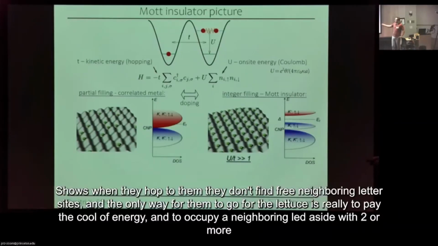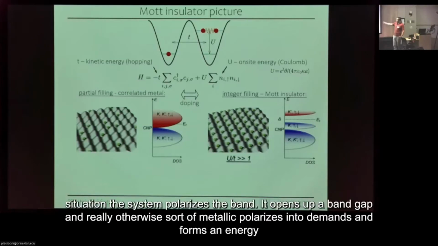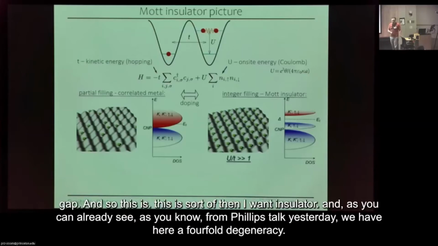This only occurs when the kinetic energy is much smaller than the Coulomb energy. In such a situation, the system polarizes the band. It opens up a band gap. Otherwise metallic bands polarize and form an energy gap. And so this is then a Mott insulator.